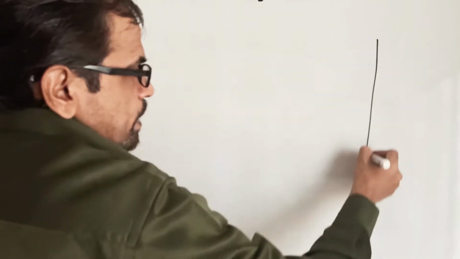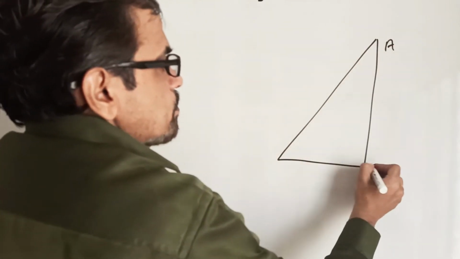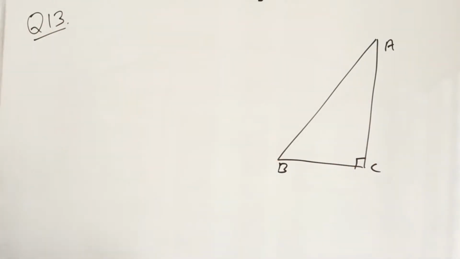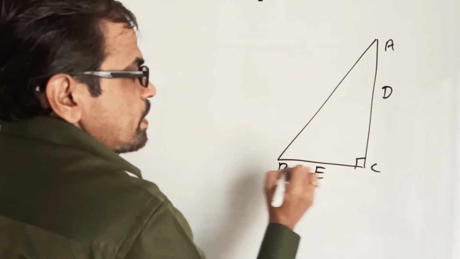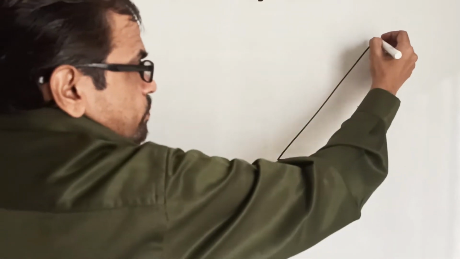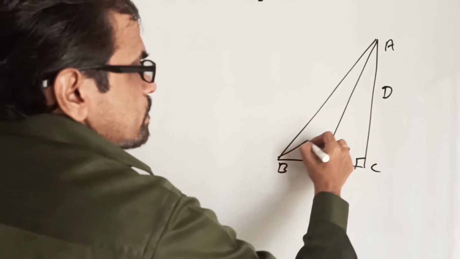So first of all, let us draw the triangle. It's given ACB, right angle at C, and the points are given D and E. Okay, student? So for this we have to join this one and this one.